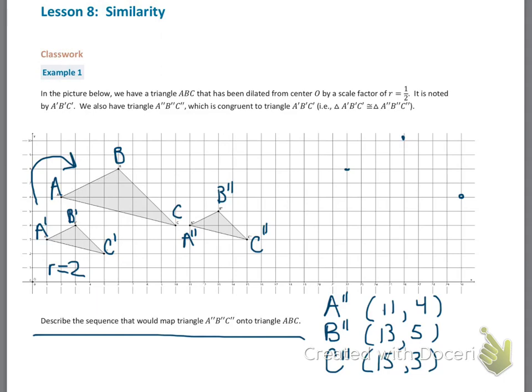So I'm going to dilate that triangle by a scale factor of 2, and I'm going to get the following coordinates. I'm going to get 22, 8 for A, and I'm going to call it A triple prime. Then I'm going to get 26, 10 for B triple prime.